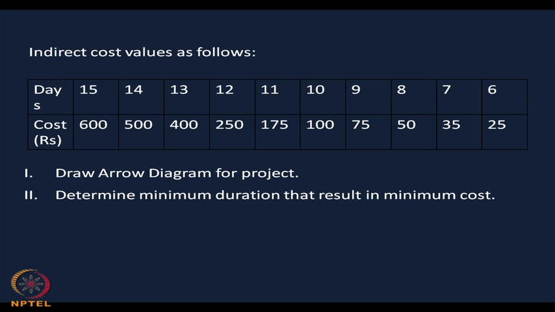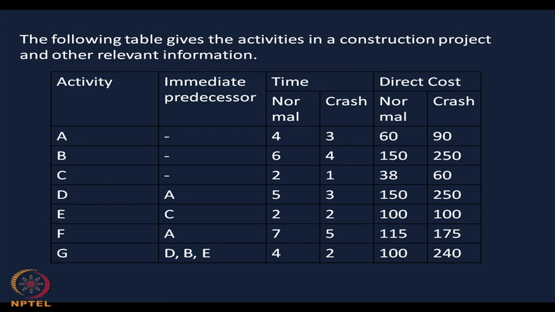If it is completed in 14 days, the indirect cost is 500. So, depending upon in how many days the project will be completed, that is the project duration, you can calculate the indirect cost from this table. We want to draw the arrow diagram for this project and determine the cost. So, this is your table.